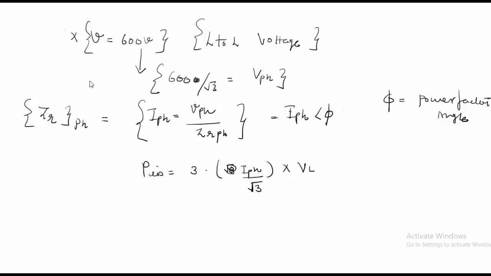Considering the power input, if you are considering it per phase, it will be VL divided by root 3 and into cos of phi. So this was your power input total.